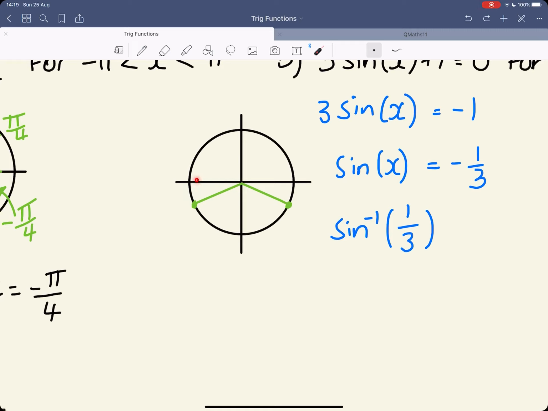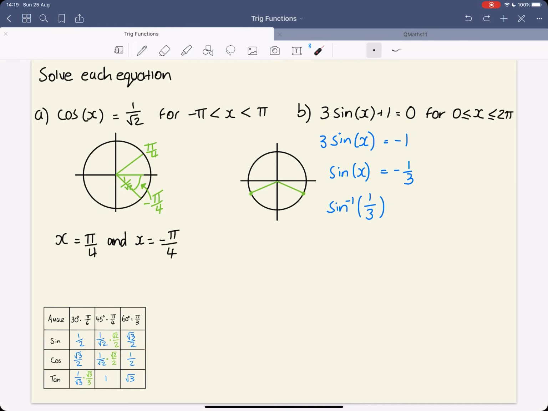We already know that we're going down because we're in the third quadrant. I just want to know the size of that angle there. So we're just going to use the positive value of 1/3. We just want to know how big it is.